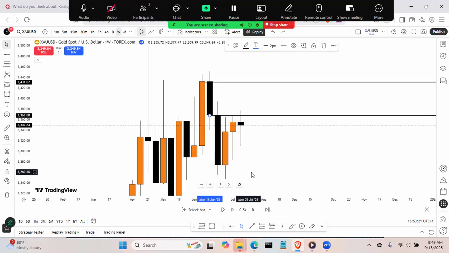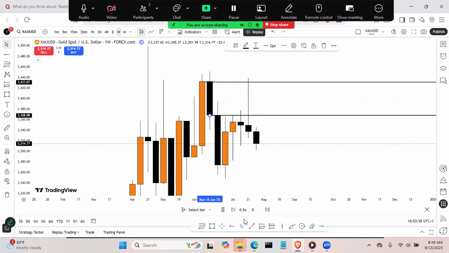So let me continue the trade. Now, see what's happening. The candle is still forming. It's not done yet. Now it is done forming. So at the point where this candle stopped forming, it is now a rejection.